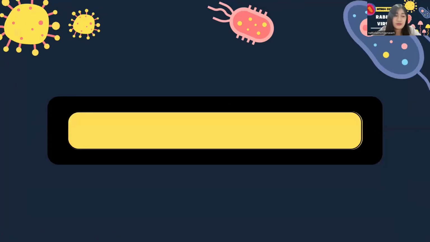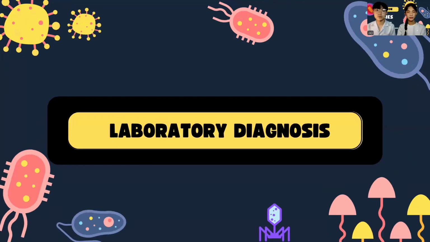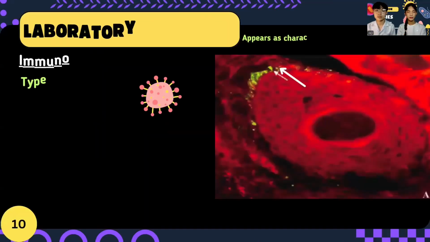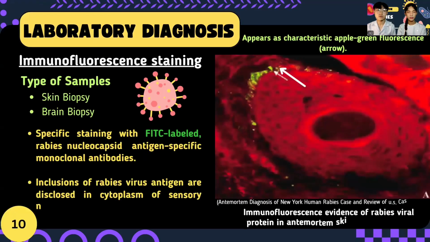Okay, in this part we will talk about laboratory diagnosis. The first diagnostic test is immunofluorescence staining. This test uses sample types such as skin biopsy and brain biopsy, with specific staining using labeled rabies nucleocapsid antigen-specific monoclonal antibody.